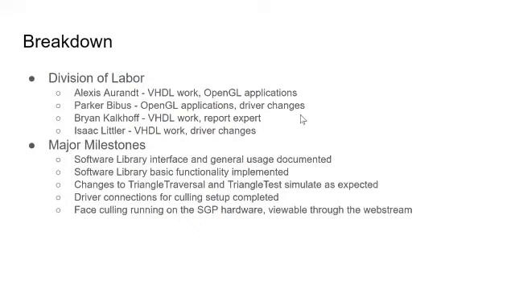And then on the hardware side, we have changes to the triangle traversal, triangle test, triangle setup, so that we know our functionality for the face culling is working as expected, and making the driver connections so that the calling registers are being set properly to match the OpenGL spec. And finally, having the face culling running on the SGP hardware.